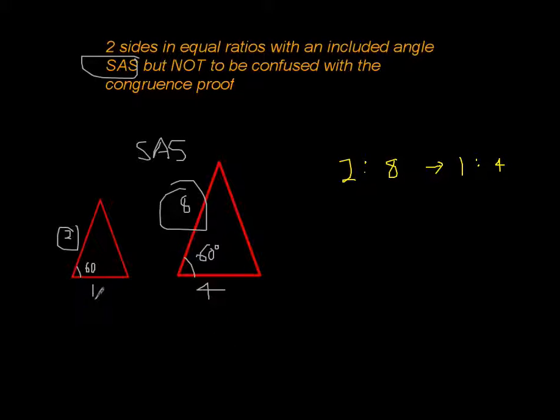And the next ratio, 1 is to 4. Well, that's exactly the same as this one here. So we have two sides in exactly the same ratio. And we have an included angle, which is equal. So these two triangles would be similar.